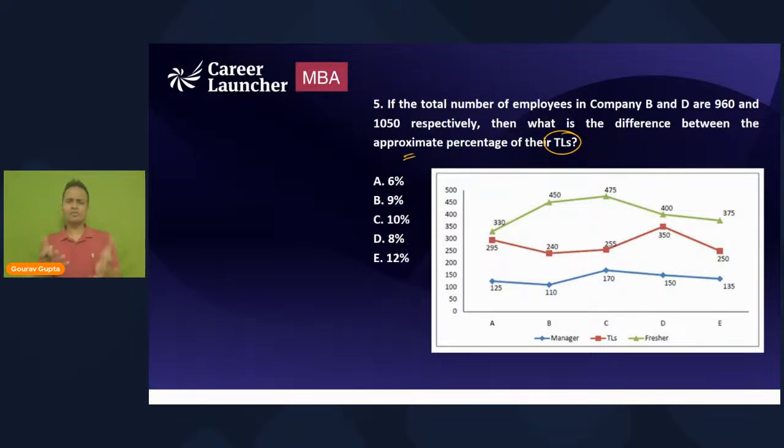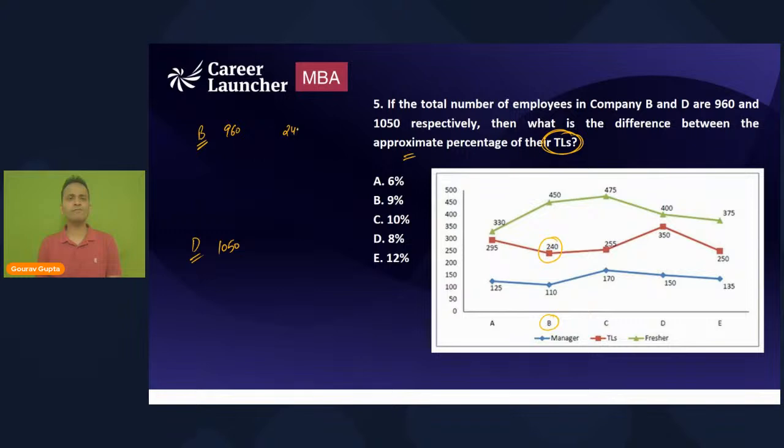Perfect. Since we have to mark the approximate answer, out of these options we'll mark the closest option to our answer. Now the total number of employees in B is 960 and in D the total number of employees is 1050. Now we will calculate the percentage of the number of TLs. For company B, the number of TLs is 240.